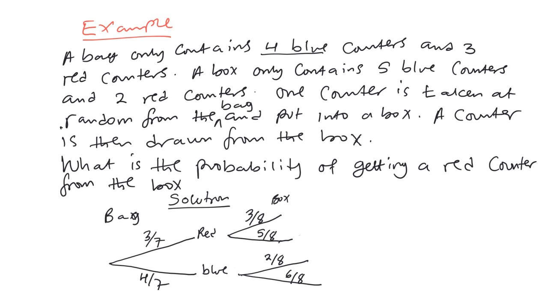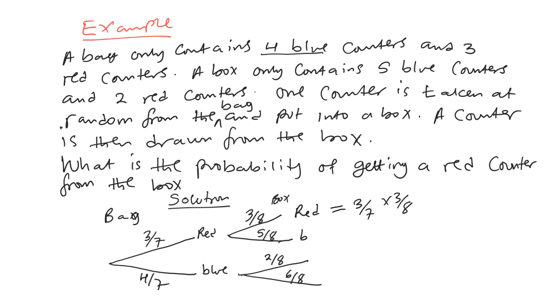So if the first one is a red from the bag, and then the counter we pick from the box is red, we shall write here red. And the probability will be 3 out of 7 times 3 over 8.